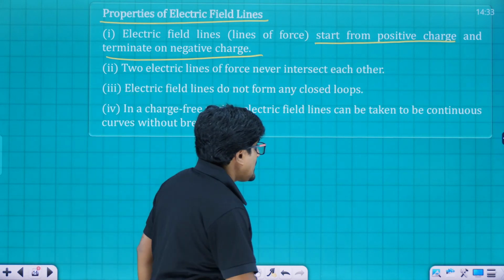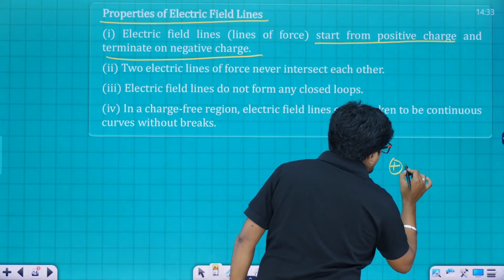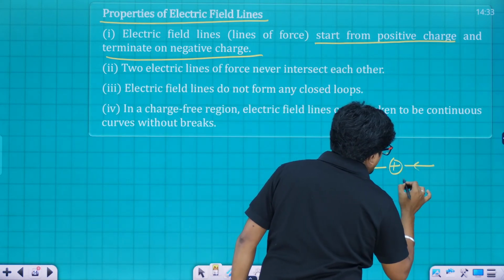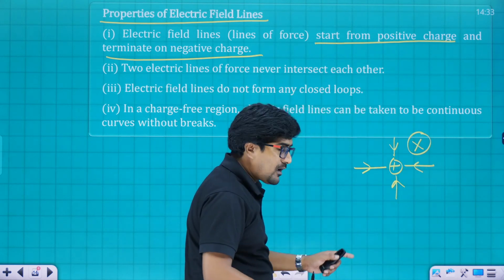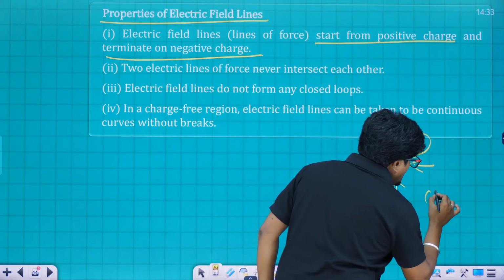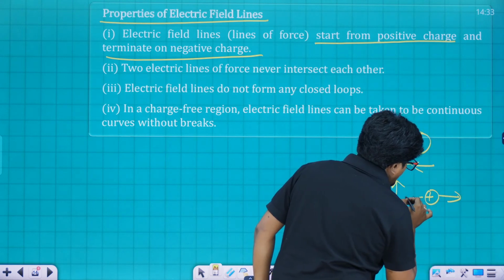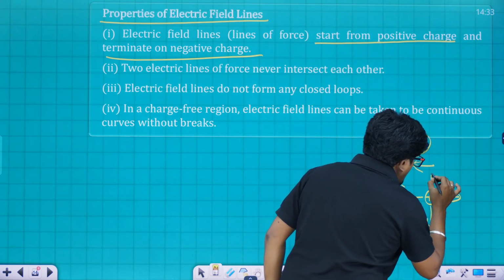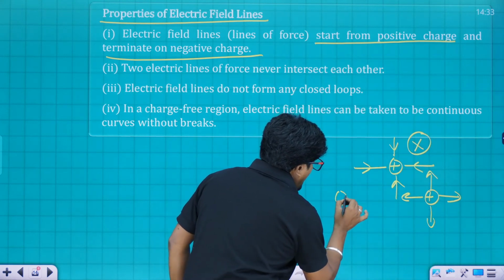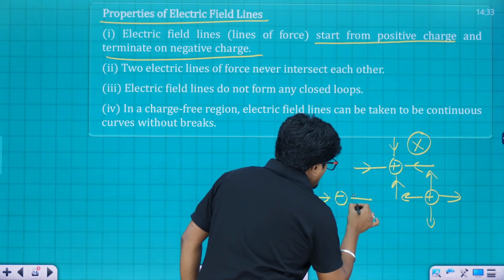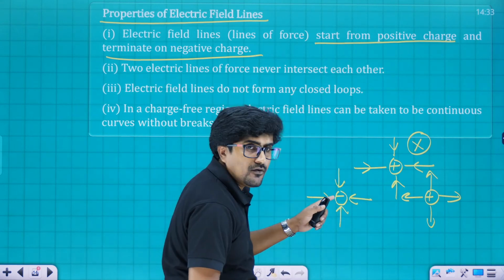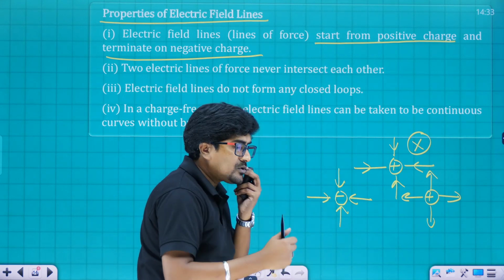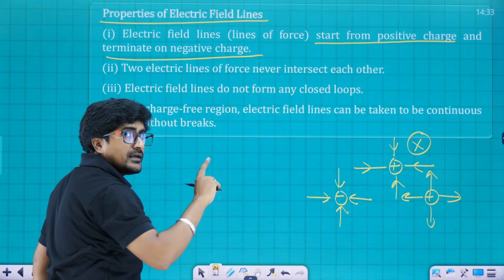Information number 1. That means if you have a figure where electric field lines are marked like this, you can mark this as a wrong option, because electric lines of force must originate from a positive charge and must end on a negative charge like this. I was just giving an example of how questions can be expected based on that single point.